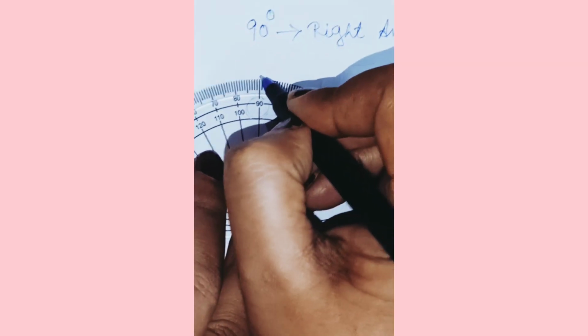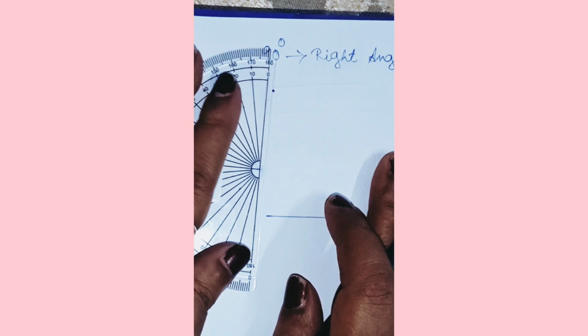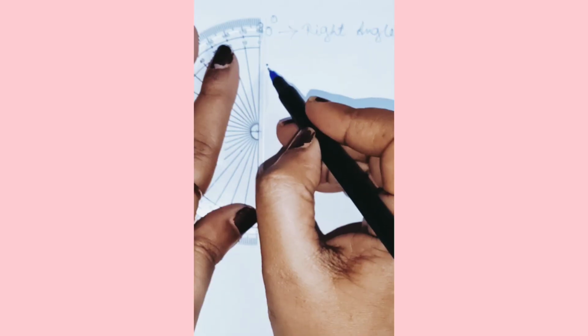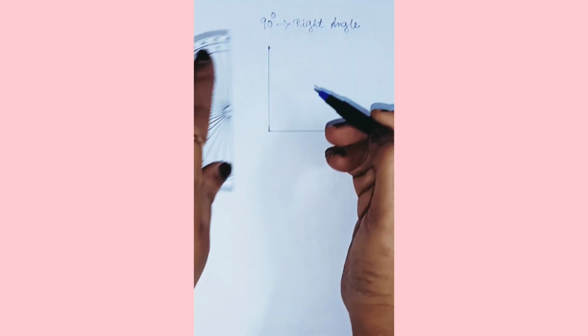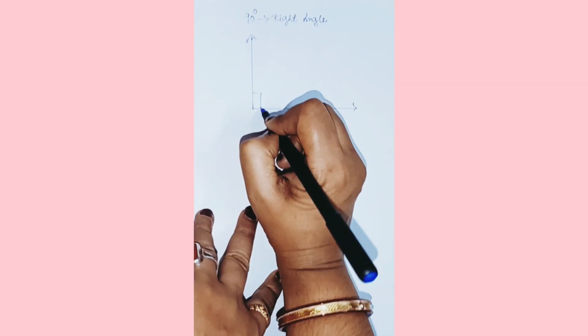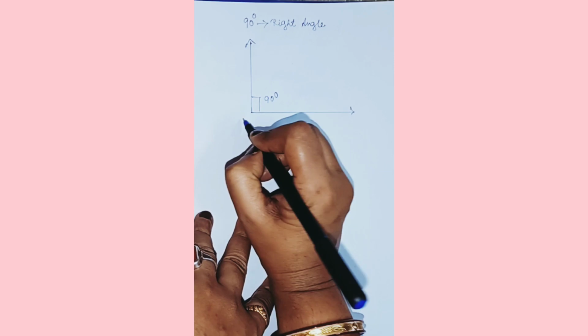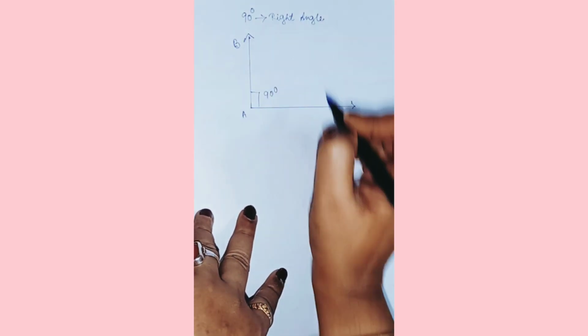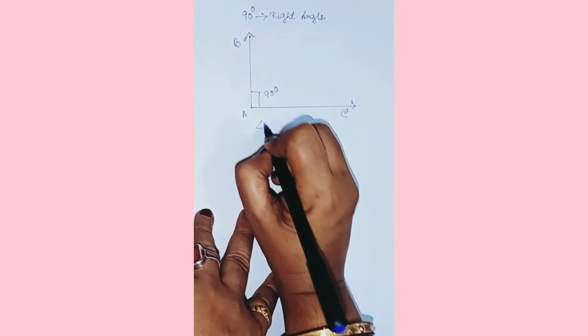Then you mark a point. After that you join it with the protractor or scale, anything you can use. This is called a 90 degree right angle.